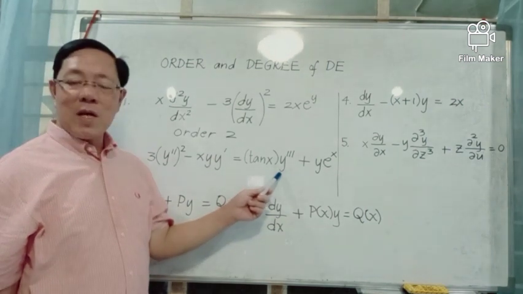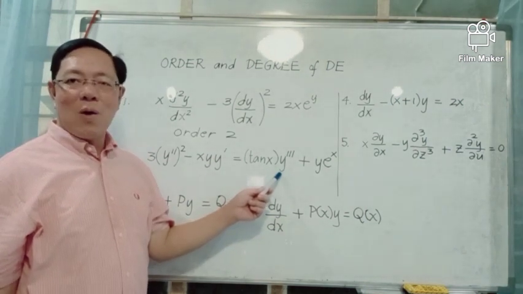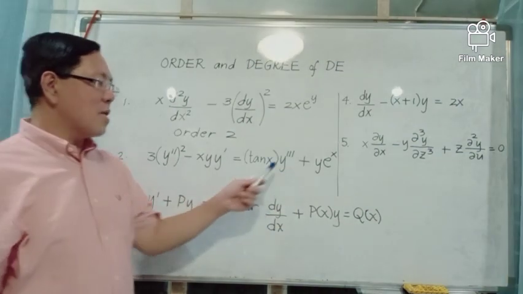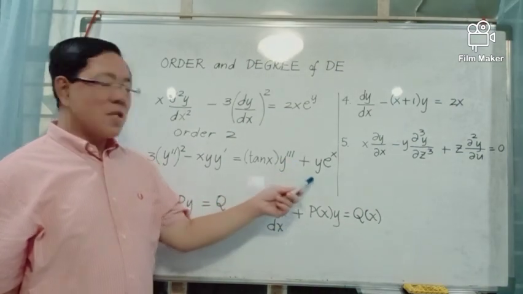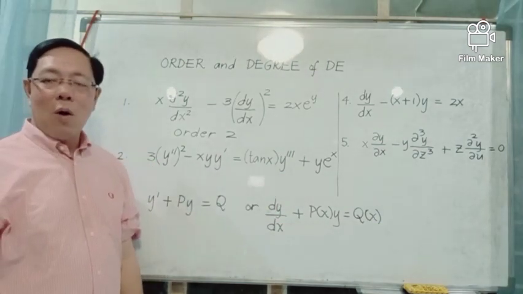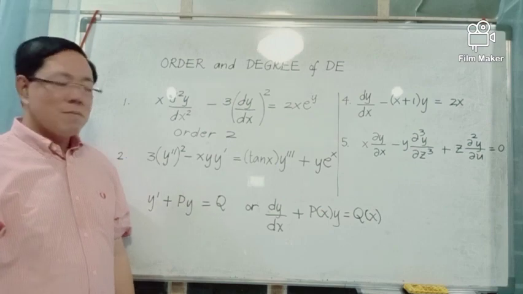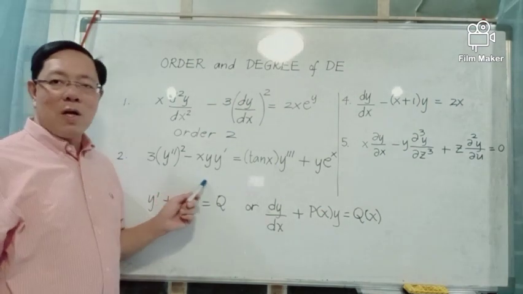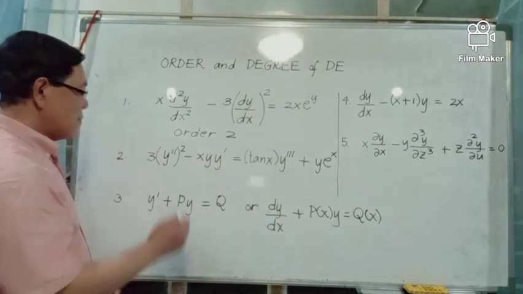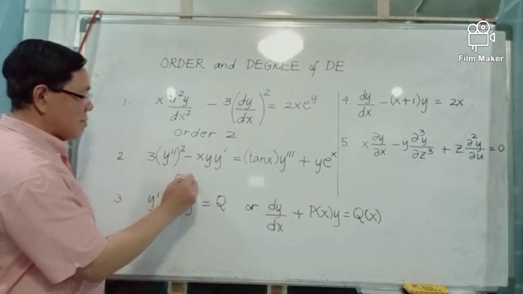So the order of the highest derivative that appears in this equation is 3. Therefore, this is a third order differential equation. We write order 3.